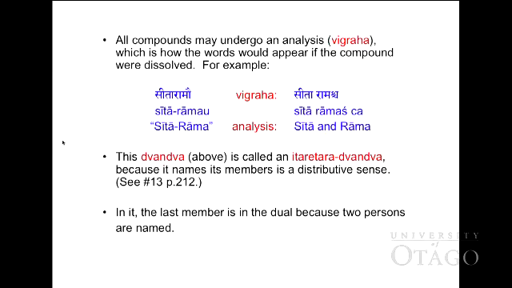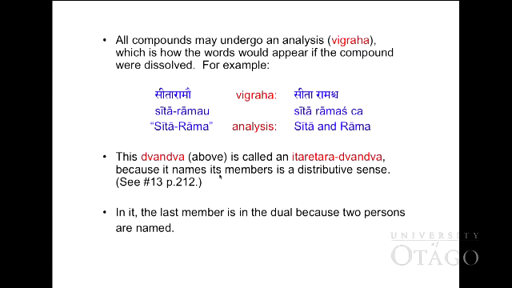All compounds may undergo an analysis, which is how the words would appear if the compound were dissolved. For example, this one, Sita-Ramau, comes from Sita Ramascha, Sita and Rama. The compound is Sita-Rama, as one word. So the Dvandva above is called Itaretara Dvandva because its members are in a distributive sense.